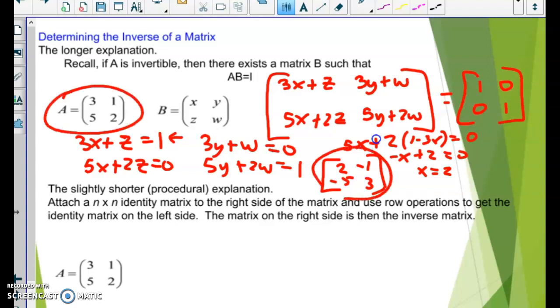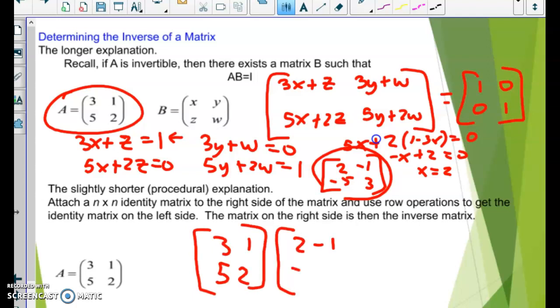Now to show that, I'm going to make space down here and multiply 3, 1, 5, 2 times 2, negative 1, negative 5, 3. And if I do that, I get 6 minus 5 gives me 1.